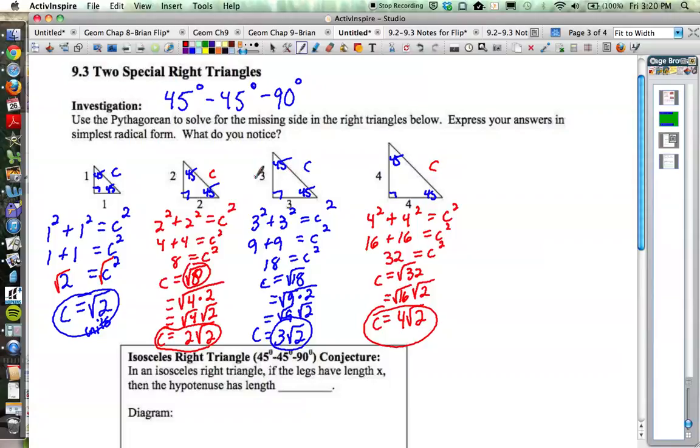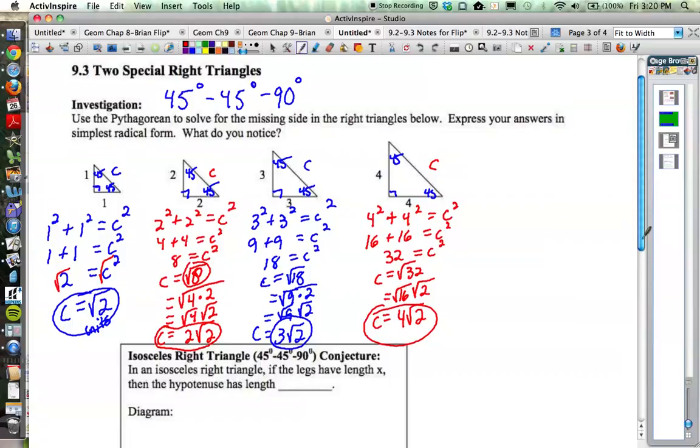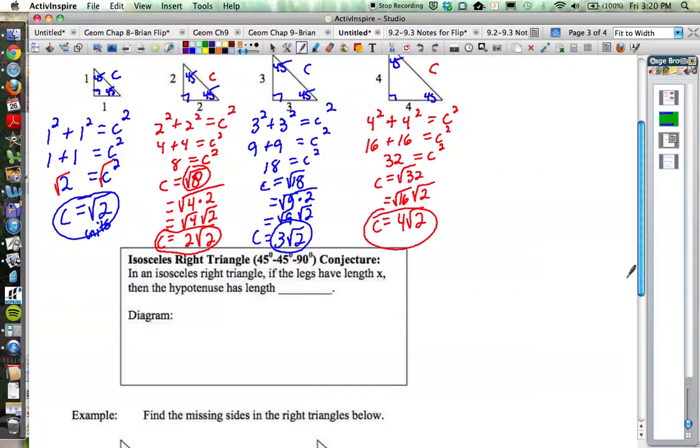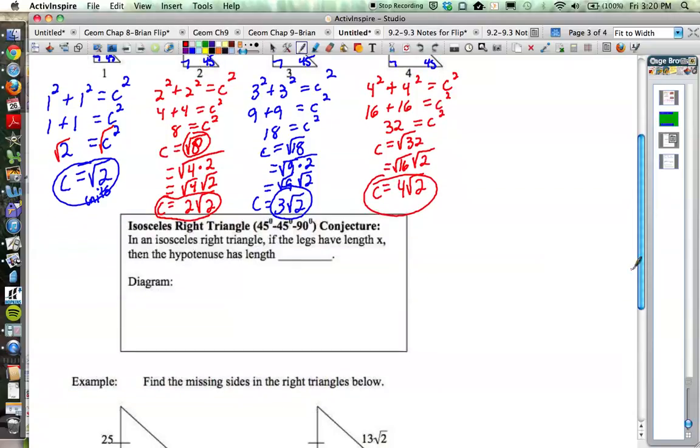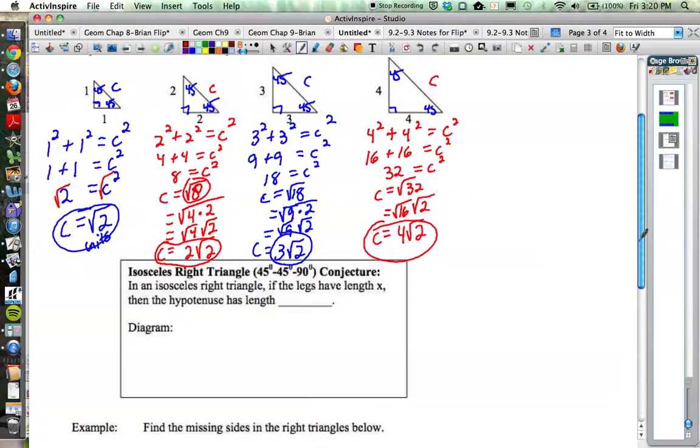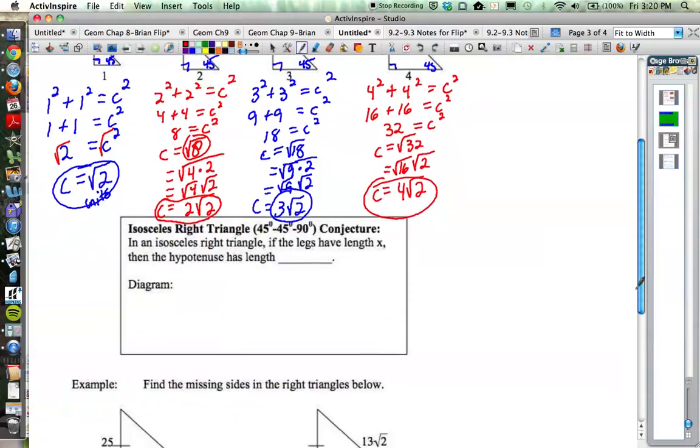Notice the leg here was 3. And the next one, c is 4 times the square root of 2. Notice that the leg here is 4. So every single one of them involves square root 2 at the end when it's in simplest radical form. And every one of them, it's the length of the leg that goes in front of the square root 2. This is always going to be true.